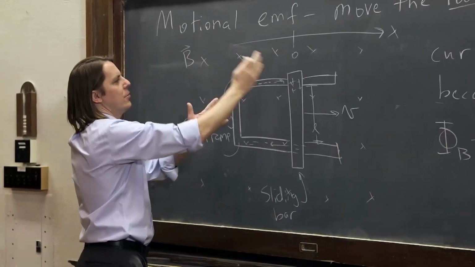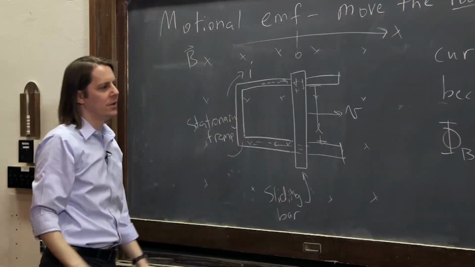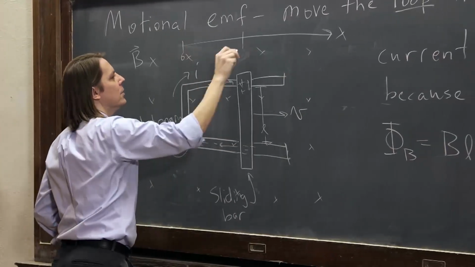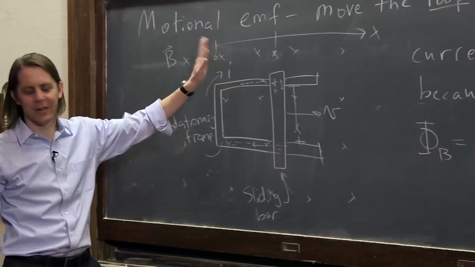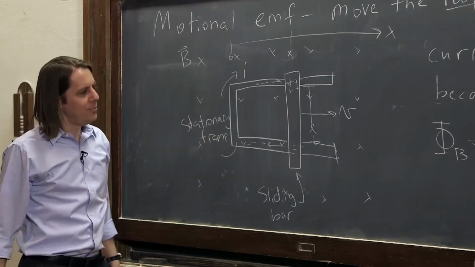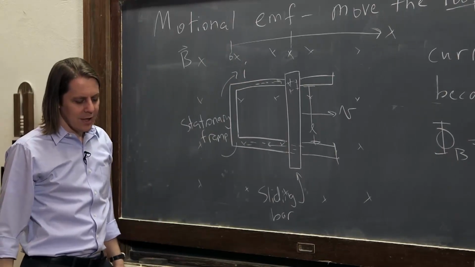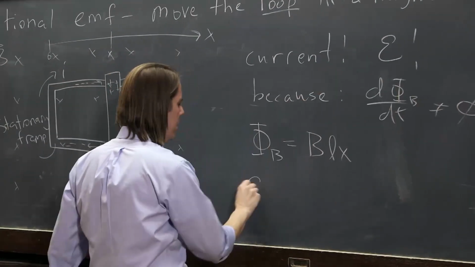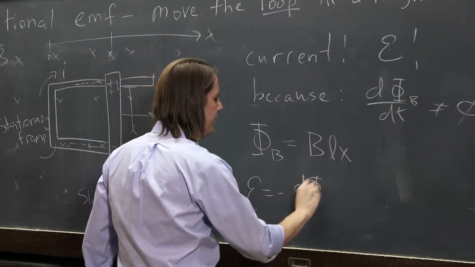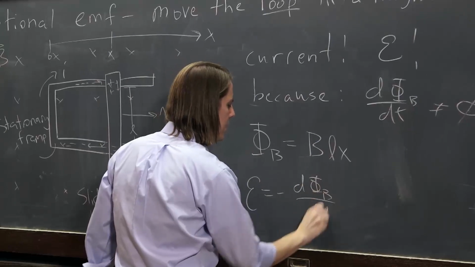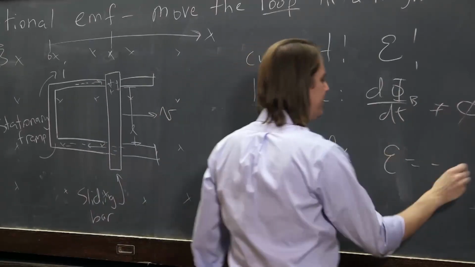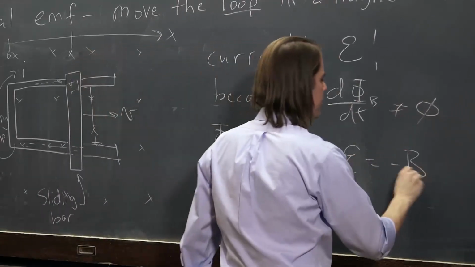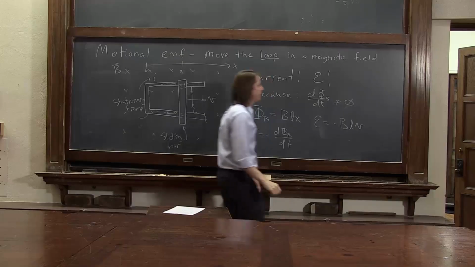So we could put the origin here and say it already has some area, it doesn't matter. So B L x, okay, let's do that. Okay, so phi B is B L x, and we want to say that the EMF is minus d phi B dt, so the EMF is minus, and B and L are constant, so it's minus B L v.